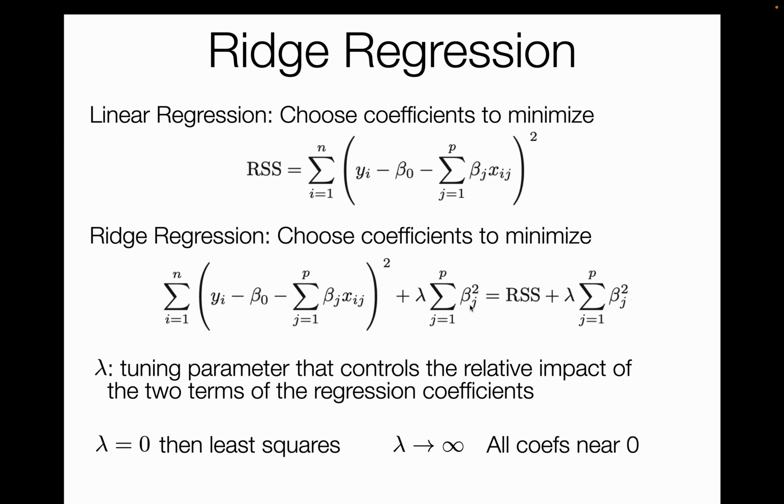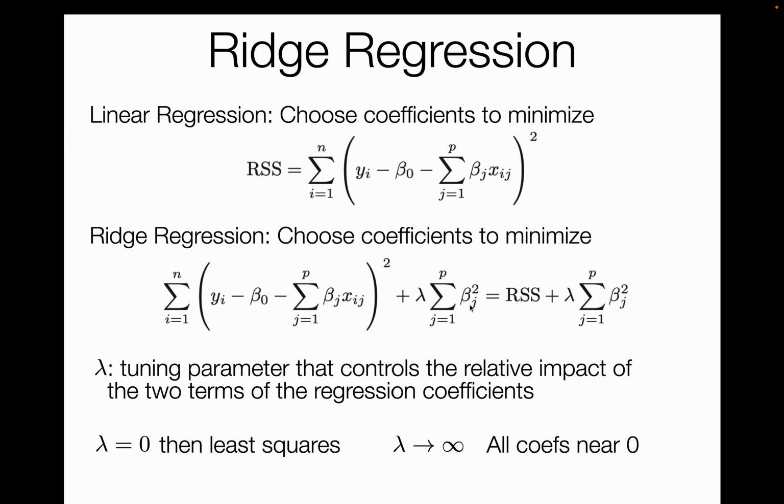A big residual sum of squares is bad, and I'm adding things on, so bigger things are worse. So what are we penalizing here? I'm penalizing large beta values.